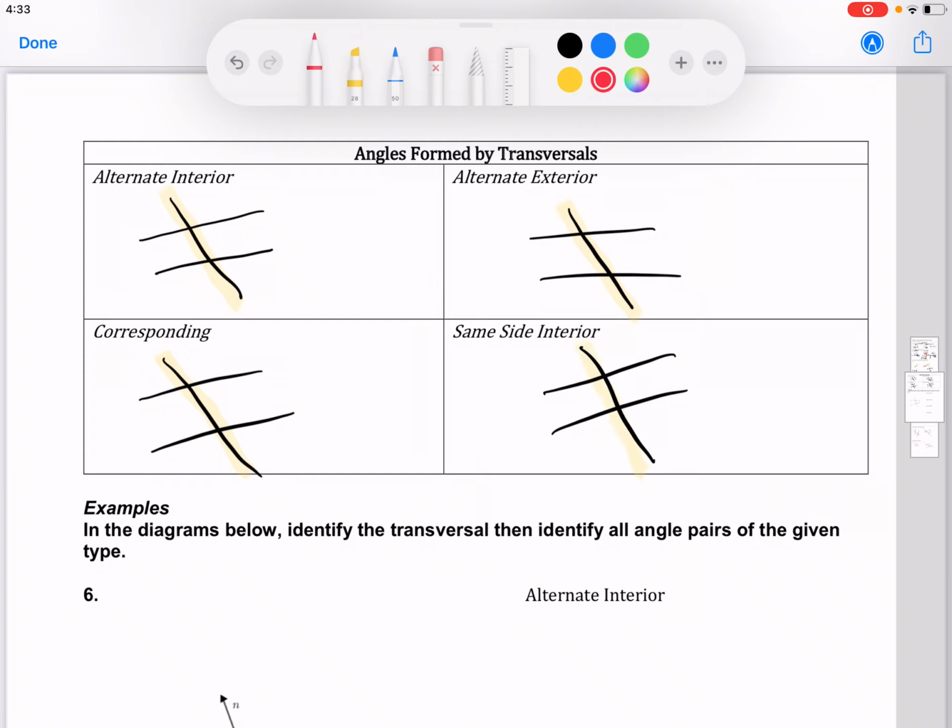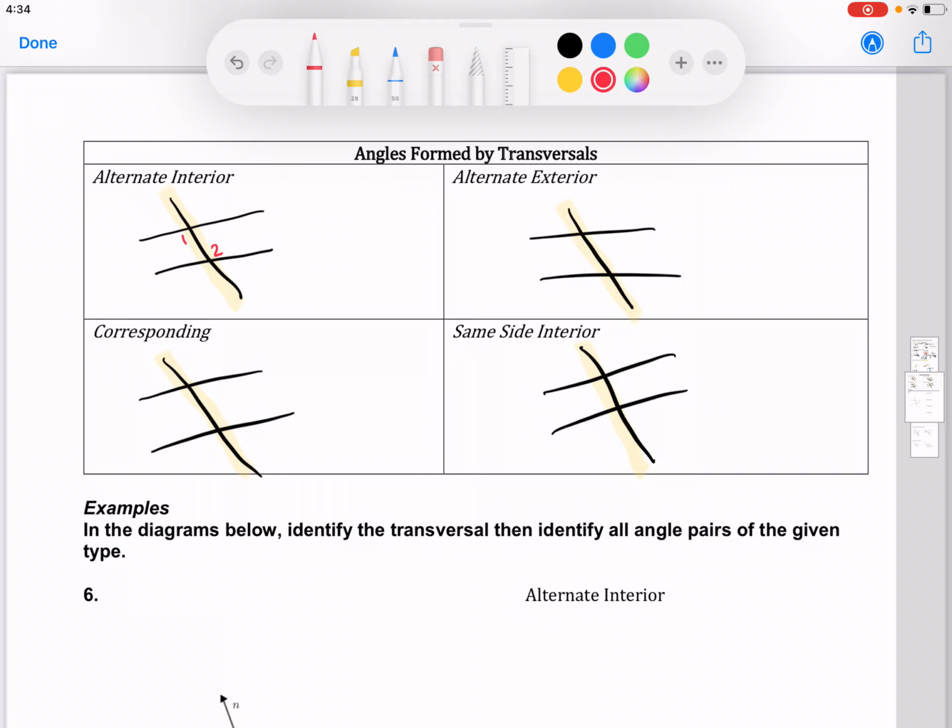Alternate interior angles are inside, between the two lines that it's crossing through, and they alternate on either side of the transversal. That's what it's called. So I'm going to mark that as 1 and 2. Those are examples of alternate interiors.